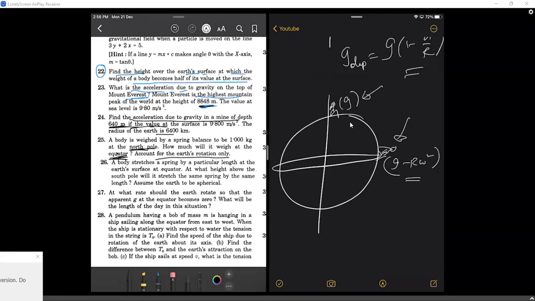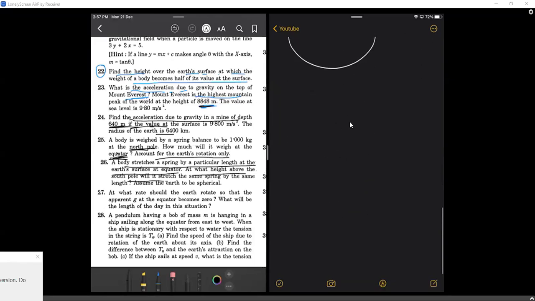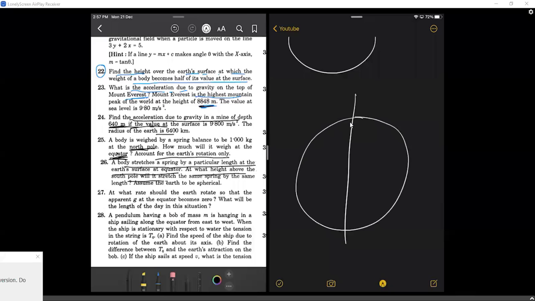Okay. Look at 26. A body stretches a spring by a particular length at Earth's surface at the equator. At what height above the South Pole should it be for the same stretch? Yeah, this is a good question again. Let me draw it properly. So he says at the surface a body stretches a spring.